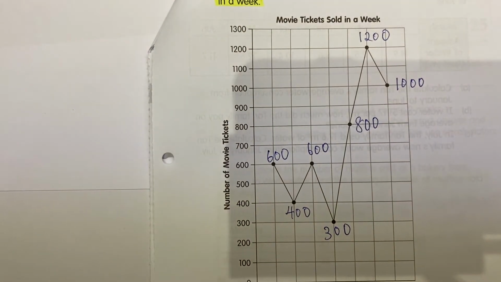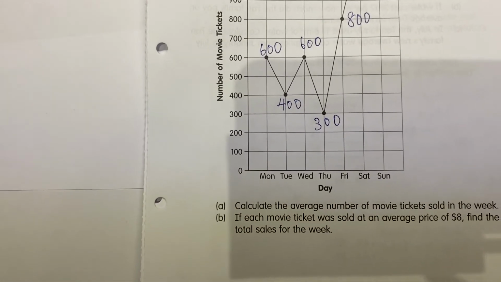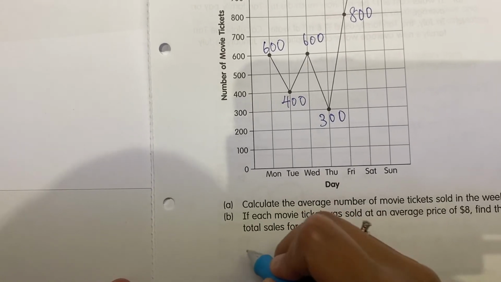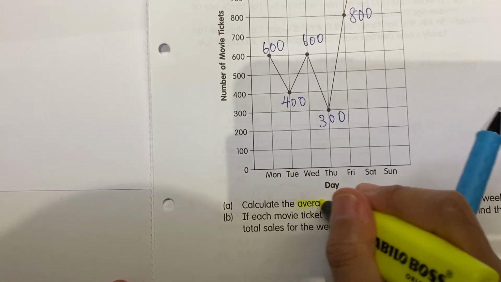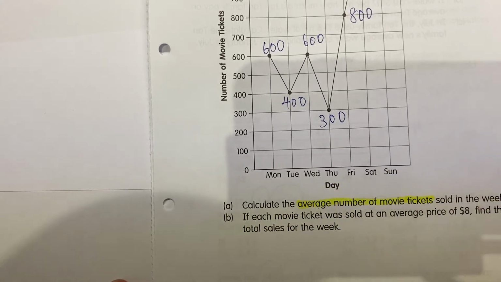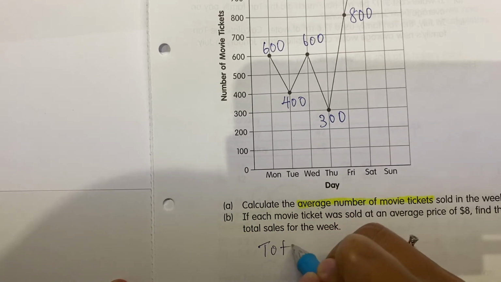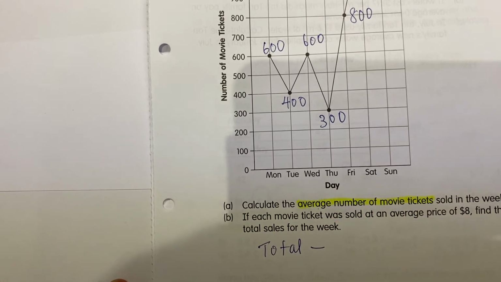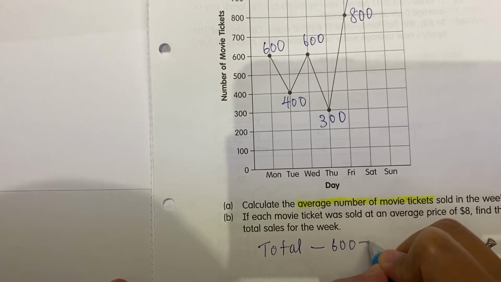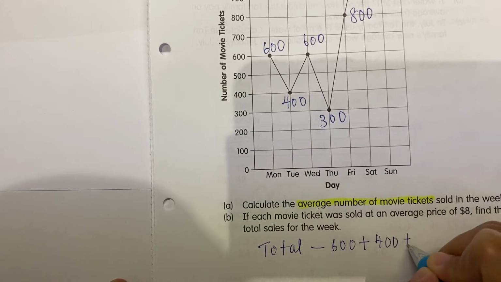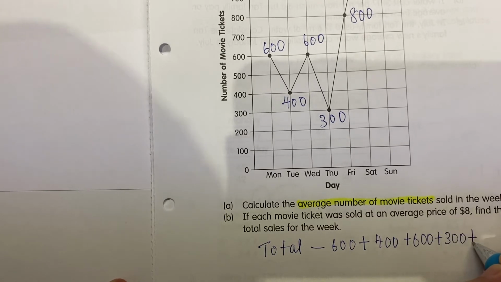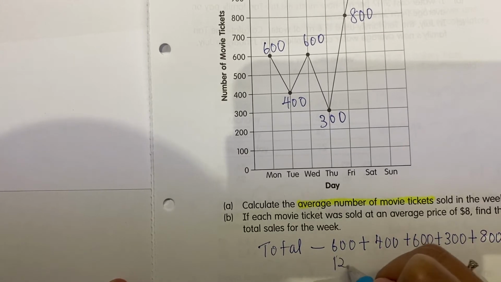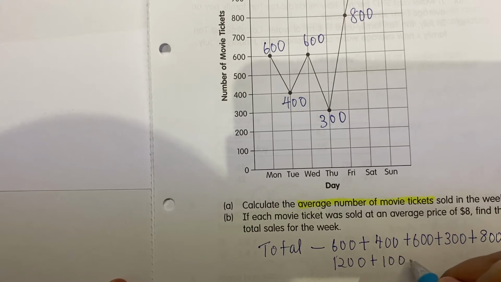Okay, all right, so calculate the average number of movie tickets sold in the week. So again, they want the average number of tickets. So here will be total. Right, so you have Monday, Tuesday, Wednesday, Thursday, Friday, Saturday, and Sunday.